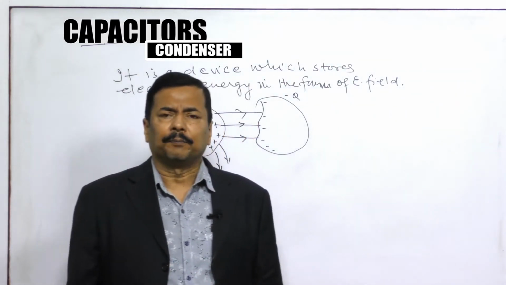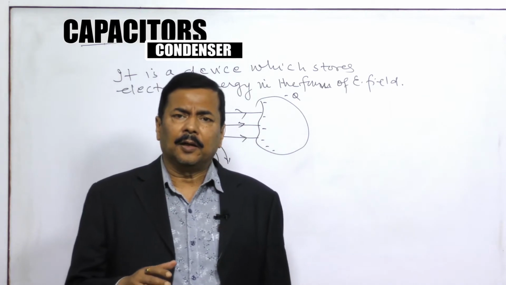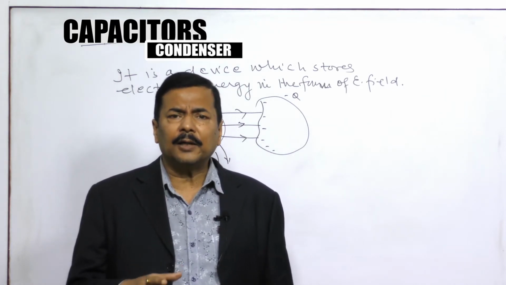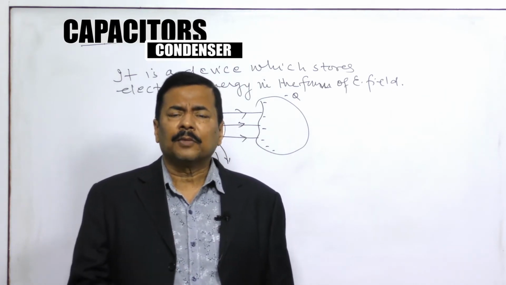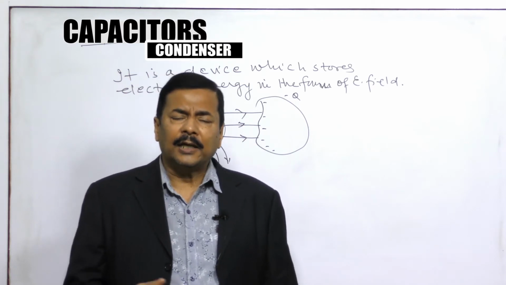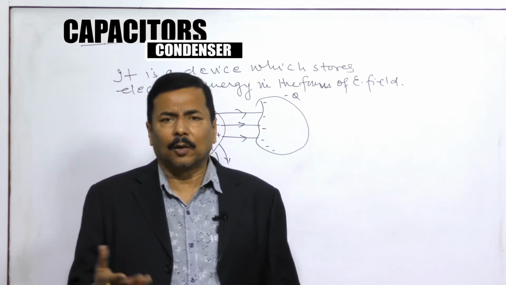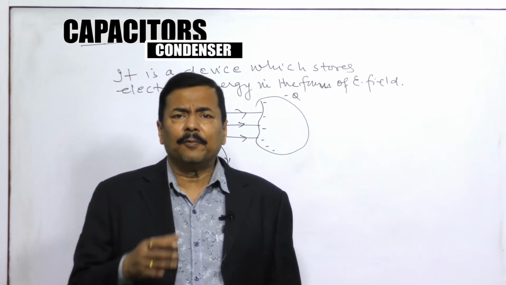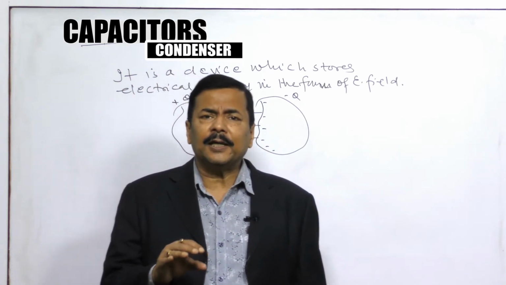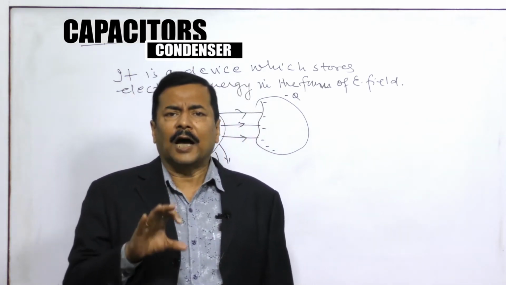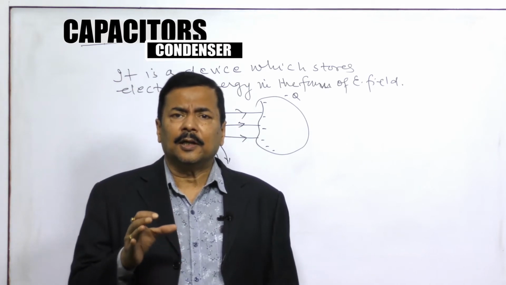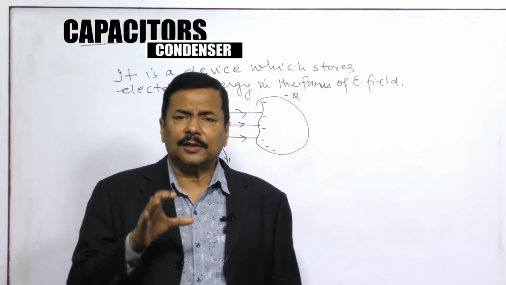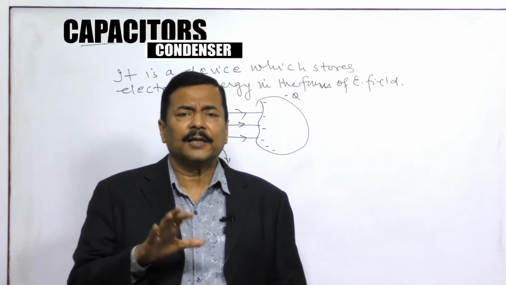If the bucket is filled with water, it is a bucket, and if the bucket is not filled with water, it is still a bucket. In the same way, the water is like the charge. So charge is kept, charge gets its place in the capacitor.